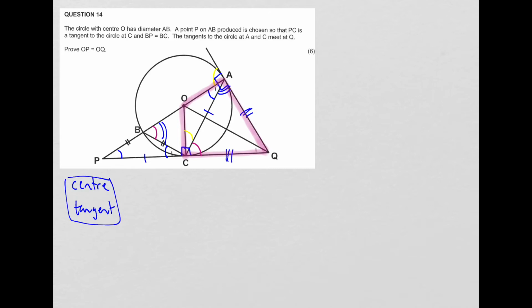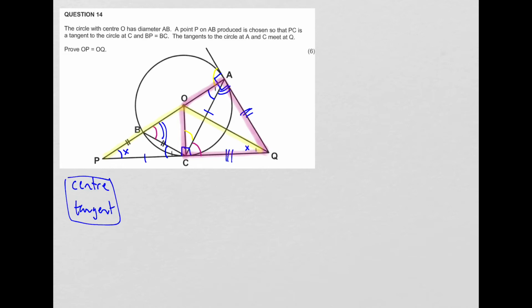Okay, so they're asking us to show that OP, all right, so there's OP, is equal to OQ. Okay, so effectively, what they're asking is that we must show that this angle, let me just go back to my other pen, okay, we must show that this angle is equal to that angle.